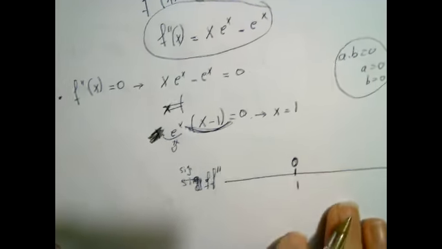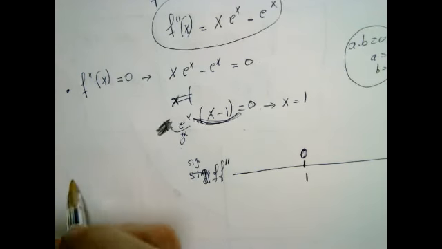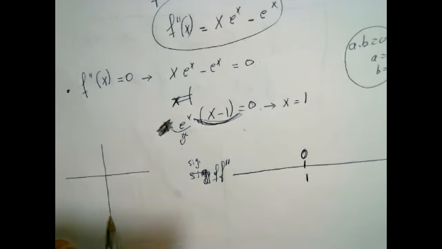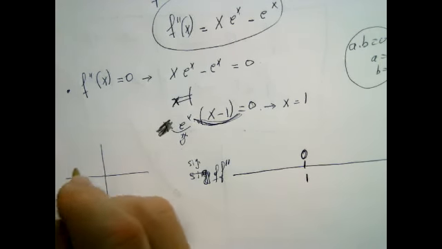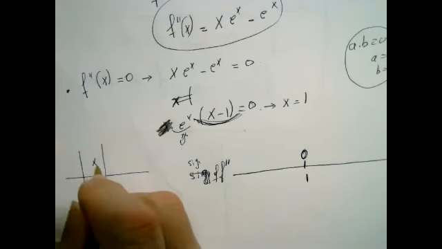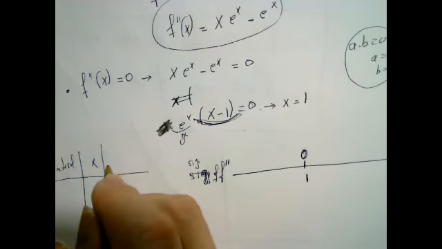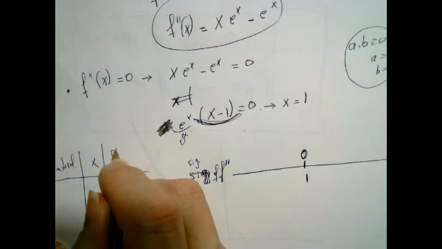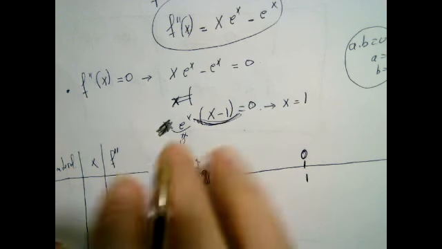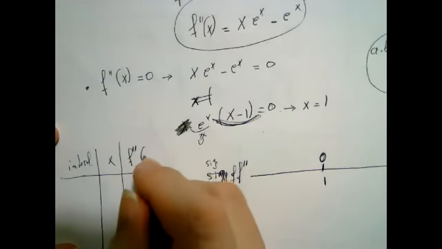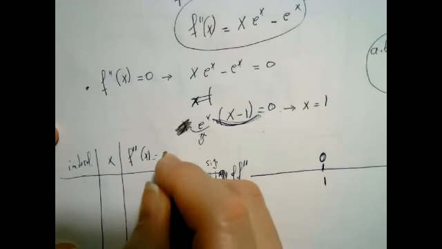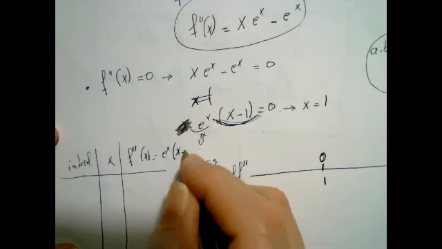So now we're going to study the sign of f double prime. How do we do that? We take the x interval, and be careful. Do not get confused. This is the second derivative this time, f double prime, which is e to the x times x minus 1.